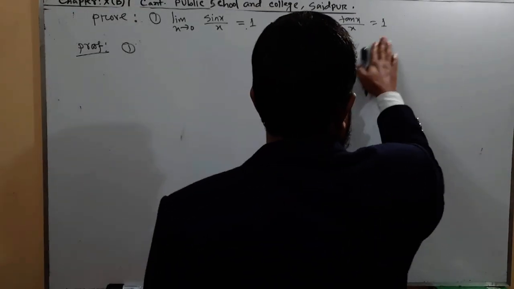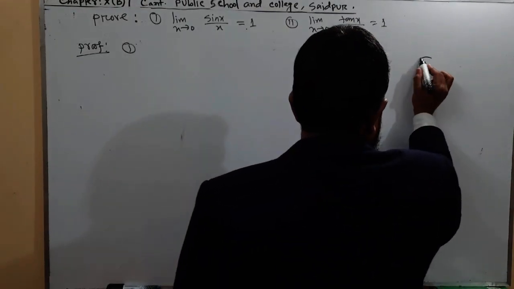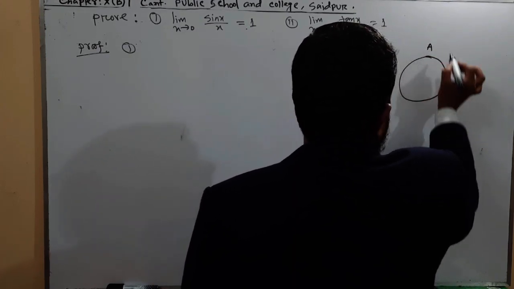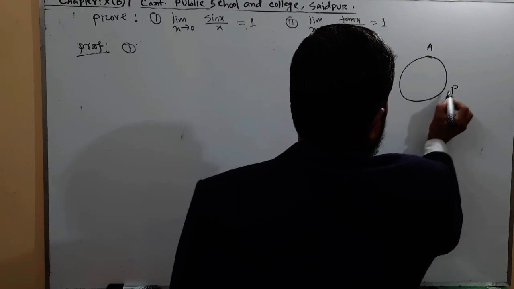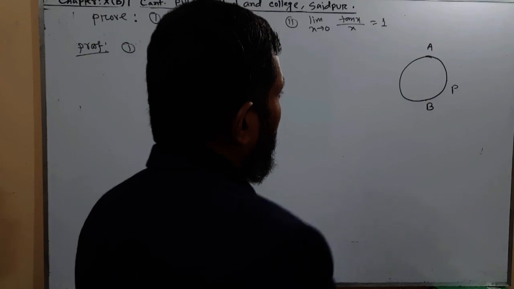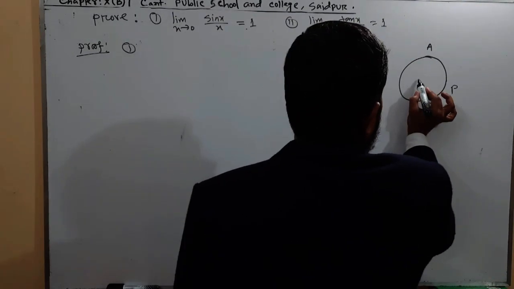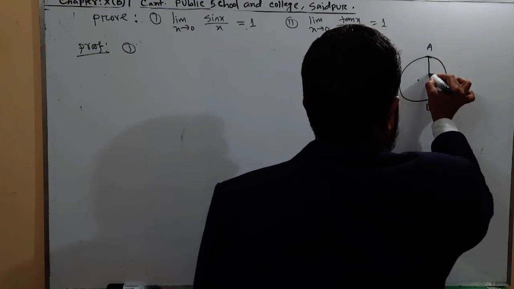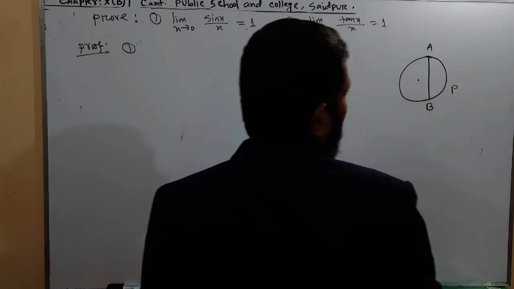I am drawing a figure. Here A, P, B is an arc of the circle with center O, and AB is its chord.